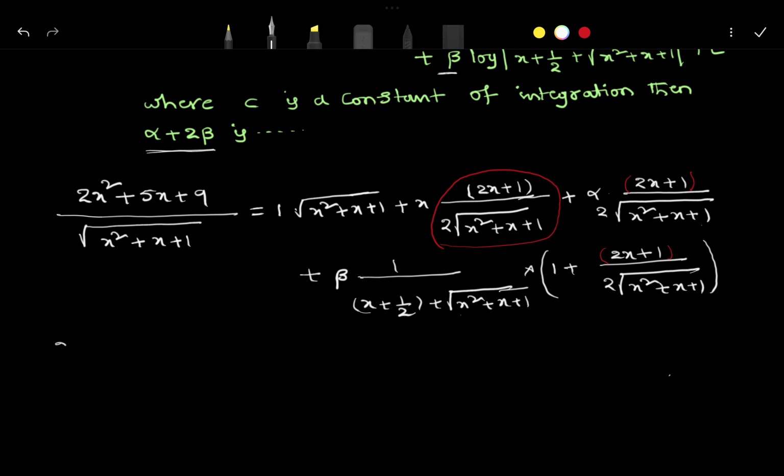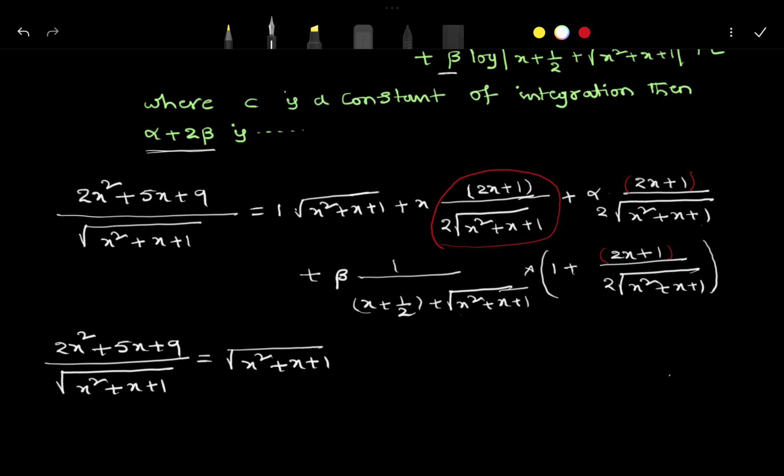Look at this one: (2x square plus 5x plus 9) divided by square root of x square plus x plus 1 is equal to, on the right side, root of x square plus x plus 1, plus, in the second term, numerator 2 and denominator 2 will be cancelled, x into (x plus 1 by 2) divided by root of x square plus x plus 1.